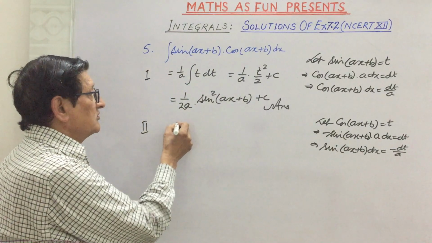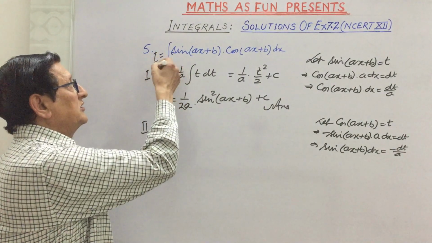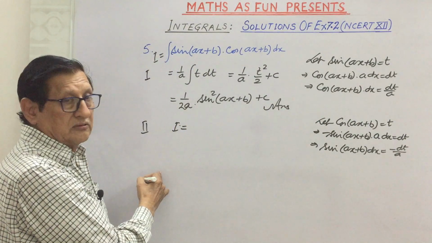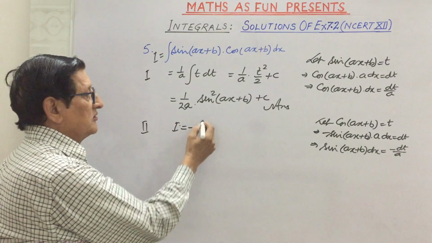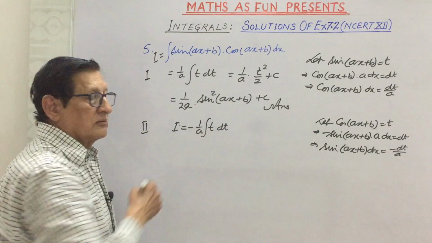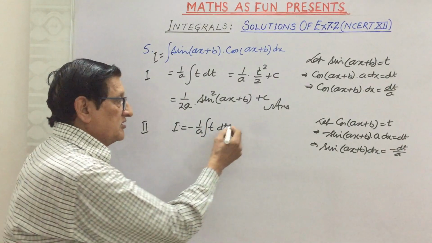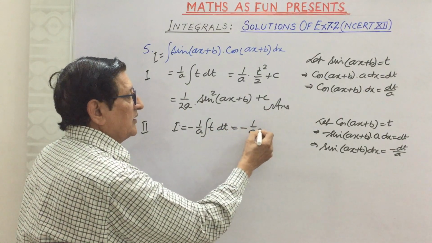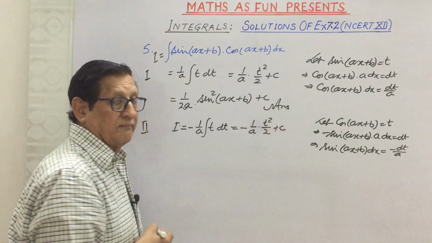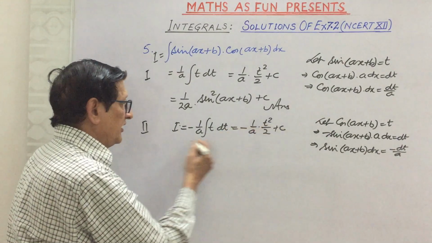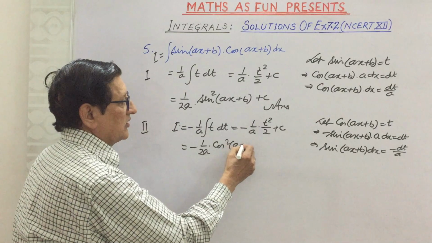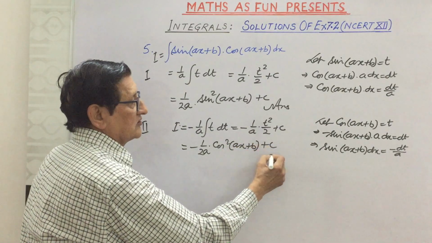So I can be written as minus 1 upon a t into dt. Integral of t is t square by 2, so this becomes minus 1 upon a into t square by 2 plus c. Substituting the value of t, we get here minus 1 upon 2a into cos square(ax + b) plus c. This is the answer.